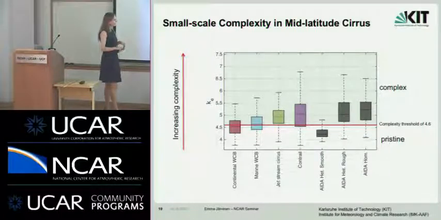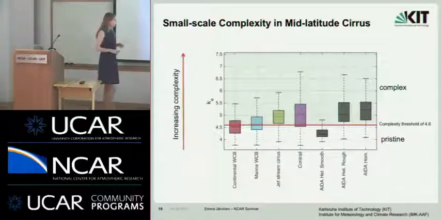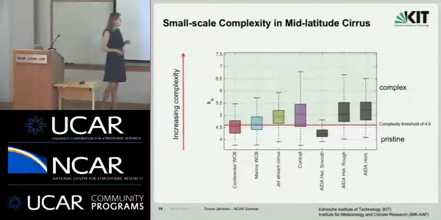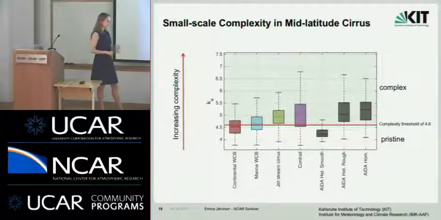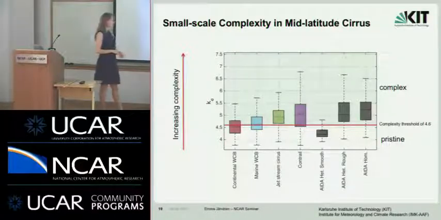To highlight the complexity threshold, where we thought this has something to do with the uniform angular light scattering properties, what we see here is that if we have continental influence in these systems, we have much smoother ice crystals, and the majority is actually below this threshold, which could be explained by more heterogeneous ice nuclei coming in. Whereas if we have marine warm conveyor belts, with air still coming from clean oceans, we have much more complex particles, much more of these microscale complexities in the ice crystals.